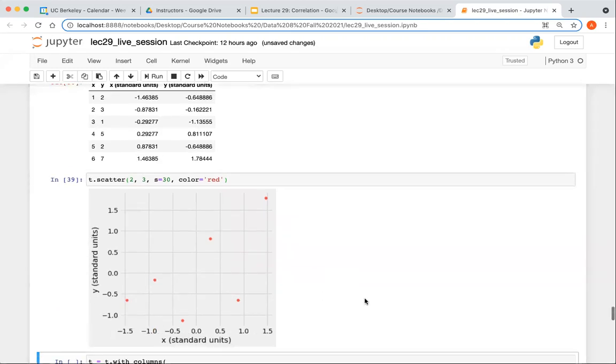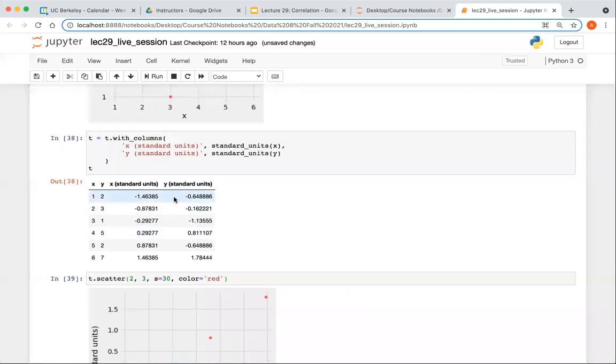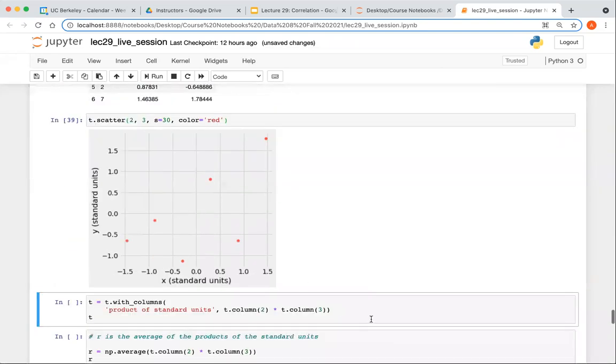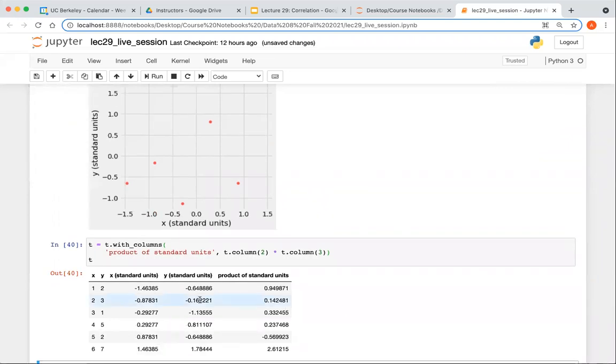So what I am going to do now is something that has a mathematical justification, which we're not going to do. I somehow want to connect these two, and I'm going to connect them by simply multiplying them. Why we're multiplying, we'll see in a minute. I'm just going to multiply the standard units.